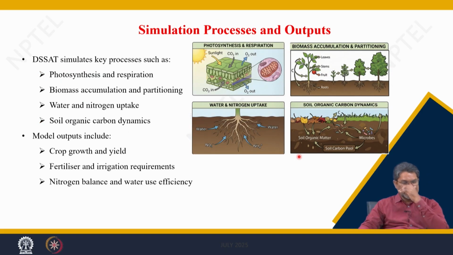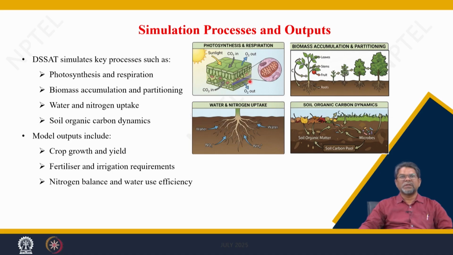And the simulation processes and outputs in this chart are photosynthesis and respiration. This is how the carbon dioxide intake in the plant is converted to carbohydrates for accumulation in the plant, then the assimilates are converted to biomass. First the photosynthesis, which we have explained in the potential production simulation models.